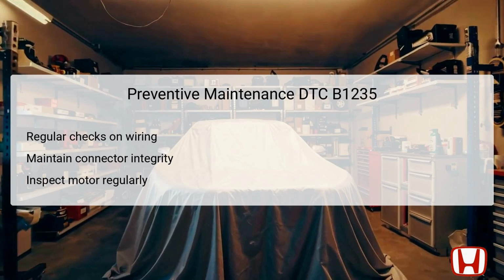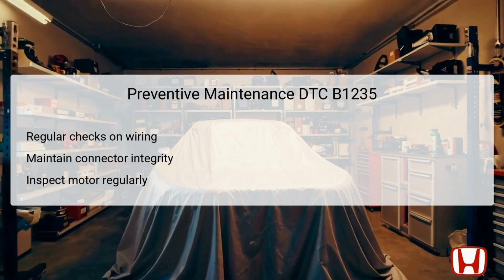Preventive maintenance is crucial in avoiding DTC B1235 challenges in the future. Regularly check the wiring in the climate control system to detect any signs of wear and tear before they manifest as electrical problems. Ensuring that connectors remain tightly secured will facilitate optimal communication within components, thus preventing poor signals and faulty operations.